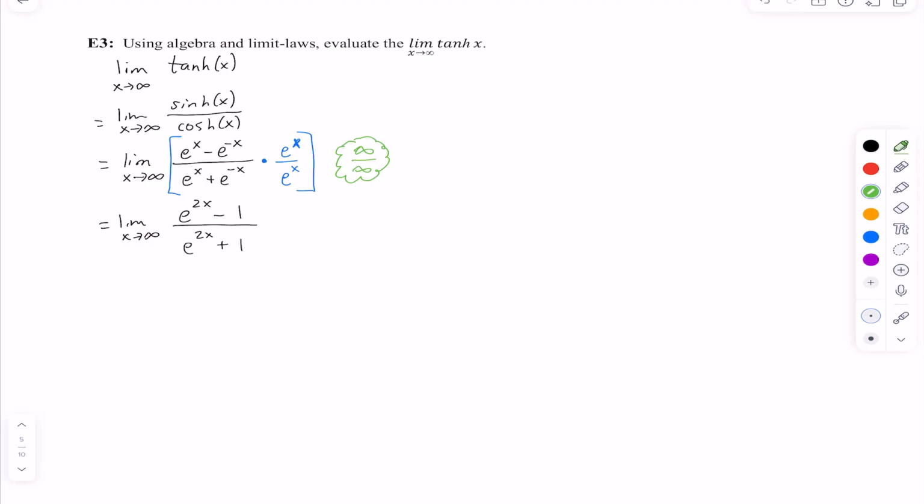And once again, we want to check its form. This is still infinity over infinity. However, we do know a technique to make a very careful manipulation here. We'll multiply by another fancy name of 1.